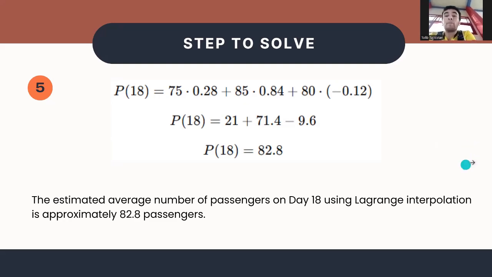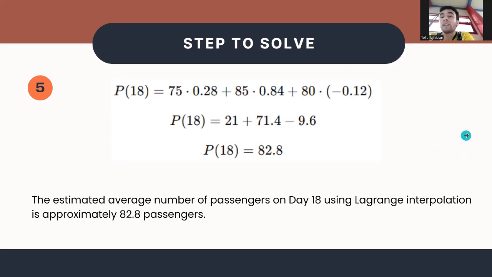P of 18 is equal to 21 plus 71.4 minus 9.6. If we calculate all of it, P is 82.8.